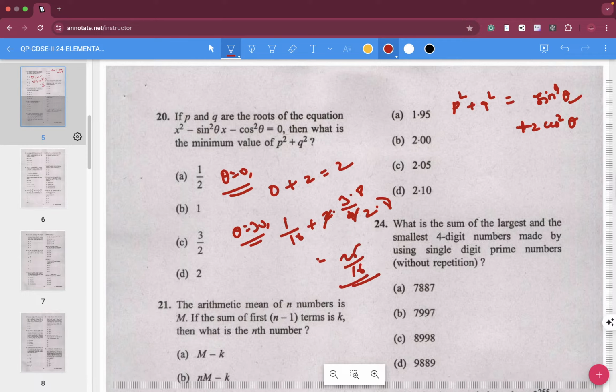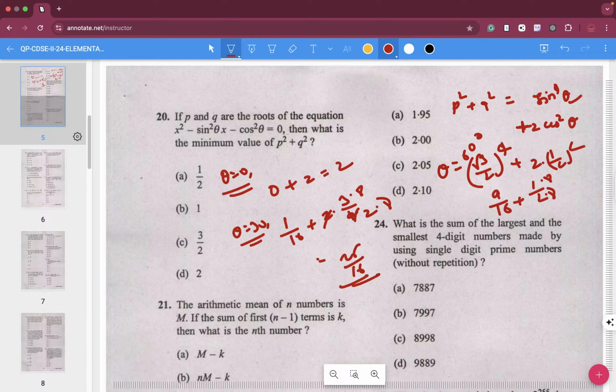Similarly for theta is equal to 60, you will get root 3 by 2 raised to the power 4 plus 2 into 1 by 2 whole square, you will get 9 by 16 plus 1 by 2, which is 17 by 16, which is also not in the answer. So now you are left with theta is equal to 90.